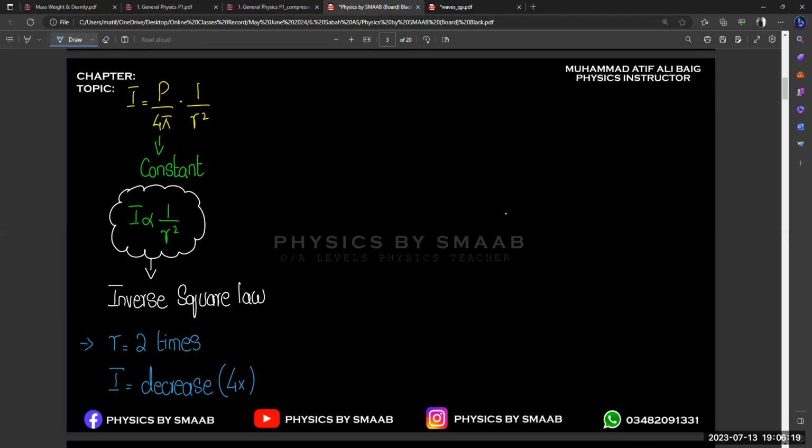Because we write I is equal to 1 over 2 square, so the intensity decreases 4 times. These are the type of things included in your inverse law application.